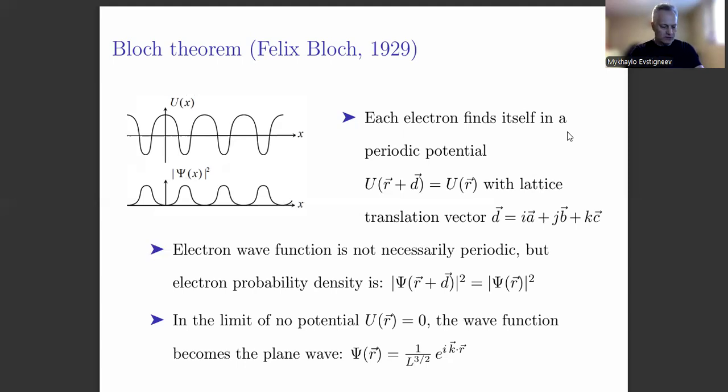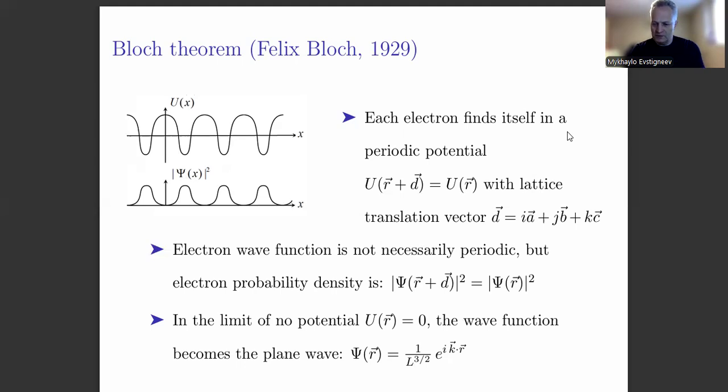All the remaining electrons produce some sort of mean field potential. Even though it is not a trivial task to figure out what that mean field potential is, for our purposes it is enough to say that this potential exists, and that it is periodic and has the periodicity of the crystal lattice.